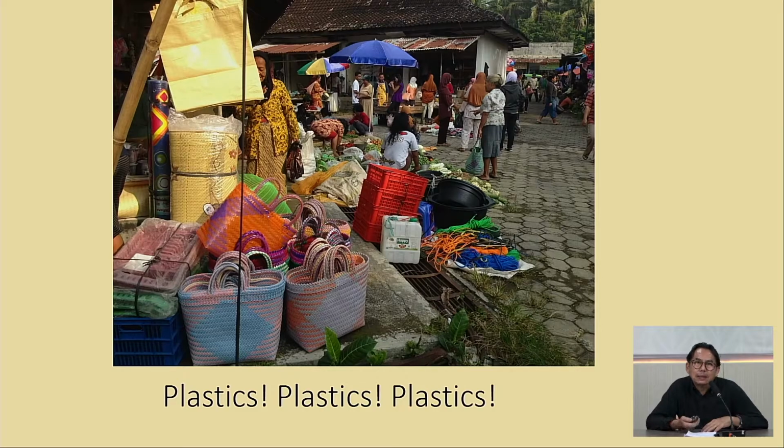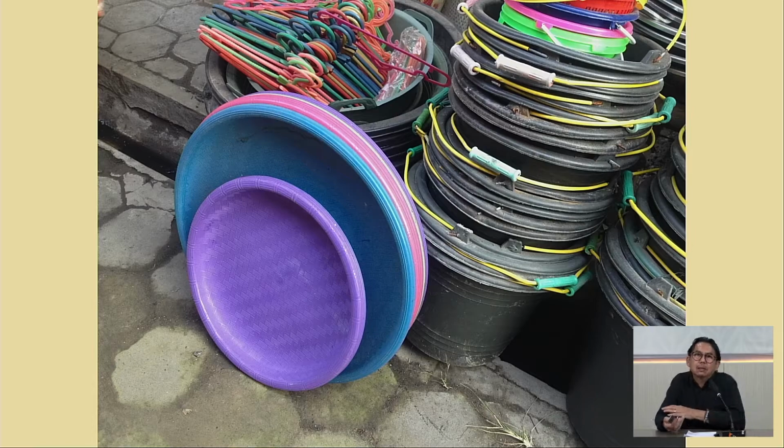I mean, plastic is everywhere. Before, we used more organic things to wrap things, like banana leaves or other leaves, but now it seems that plastic is wrapping everything, or even other things are also made of plastic. Containers or pails or baskets, usually they used to be woven bamboo, but now they replace it with plastic. So plastic is everywhere.